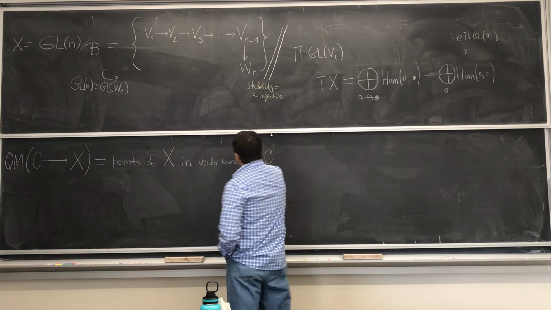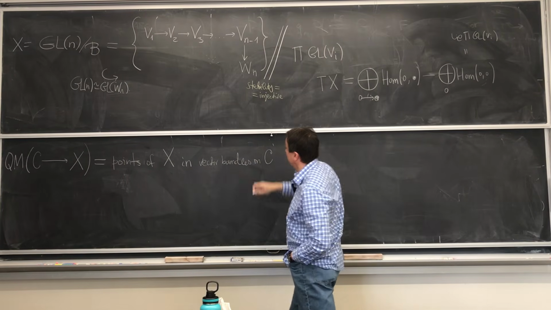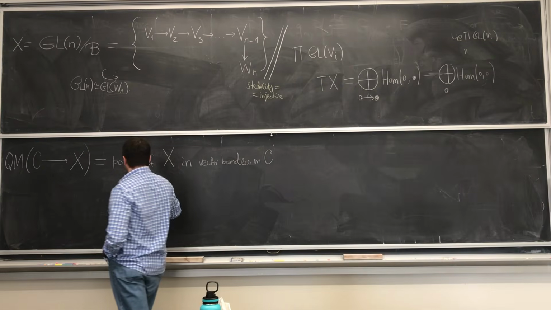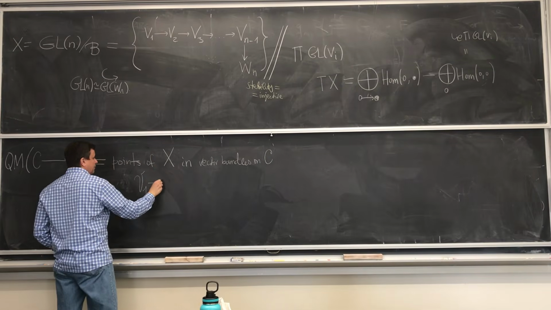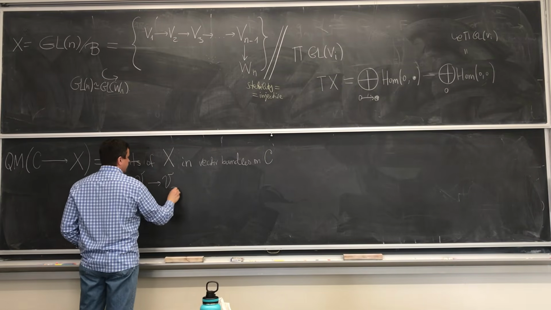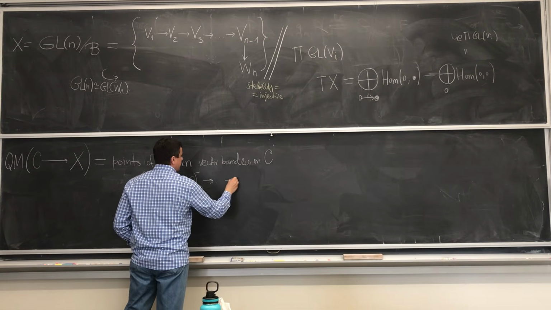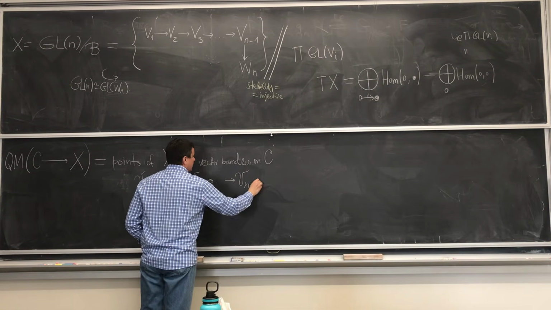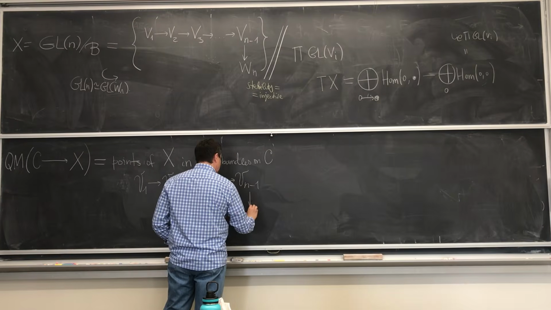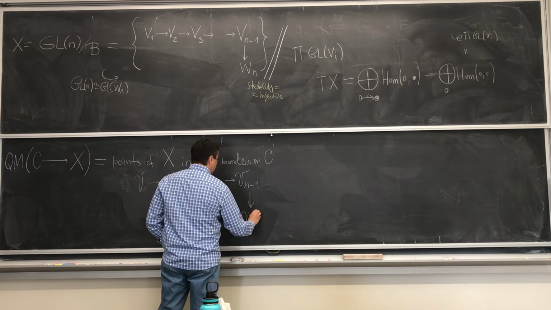So this means I have a collection of vector bundles, E_1 of rank 1 going to V_2, ... V_{n-1} over n.